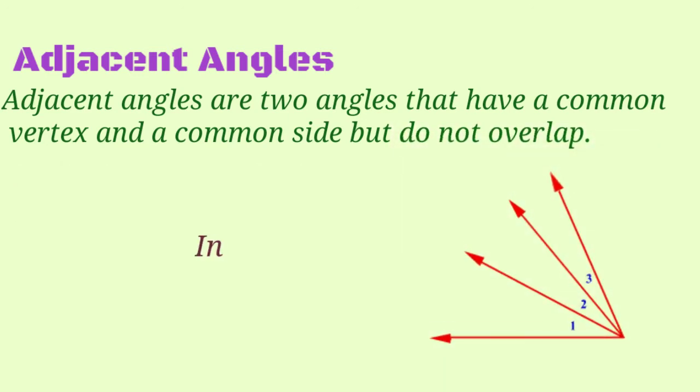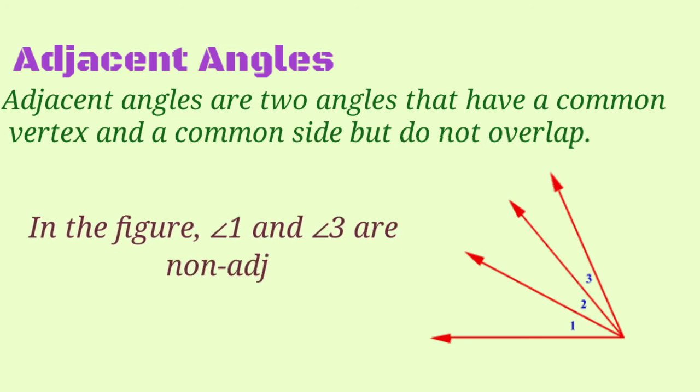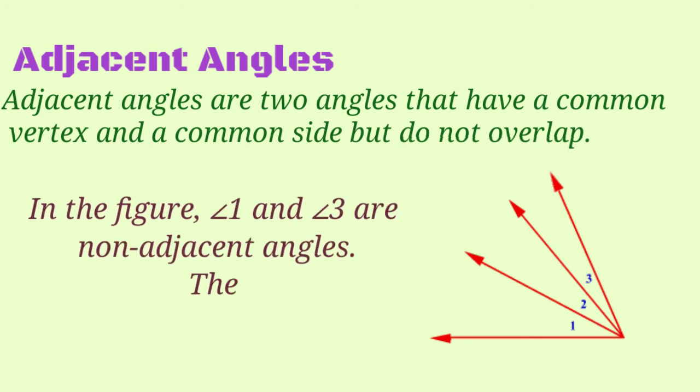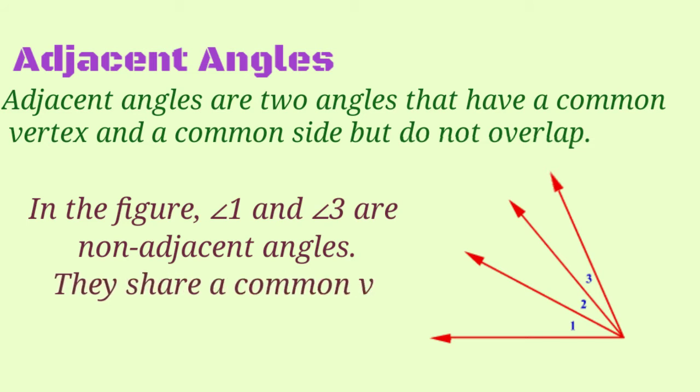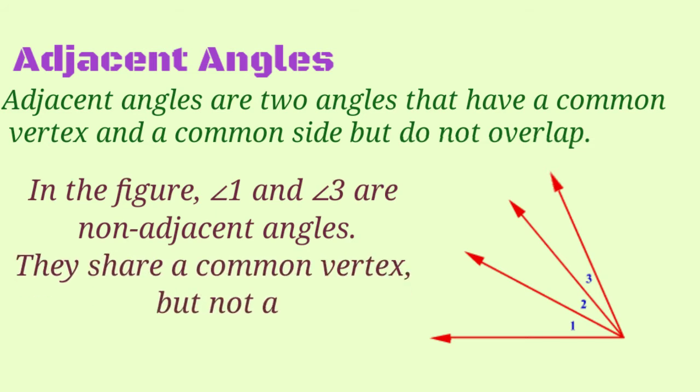Now we will see another figure. In the given figure, you can see angle 1 and angle 3 are non-adjacent because between them another angle 2 is there. They share a common vertex but not a common side.